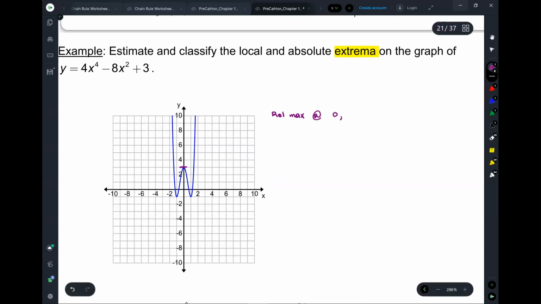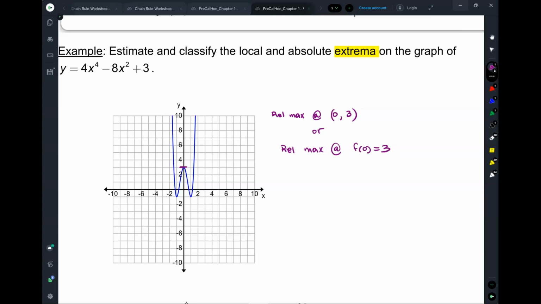You can either say (0, 3), or you can say there is a relative max at f of 0 equals 3. And I know we cover this in Algebra 2, so you know how to do this. This is the function notation.